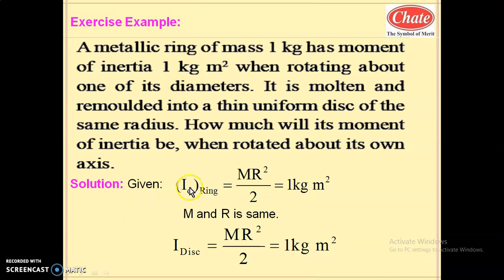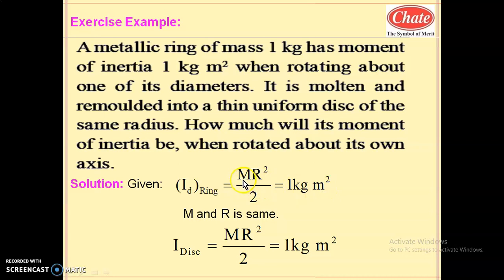Here the moment of inertia about the diameter of the ring is given as 1 kg meter square. But this value is of mr square by 2, considering the mass of the ring is m and the radius of the ring is r. So mr square by 2, this value is given as 1 kg meter square.